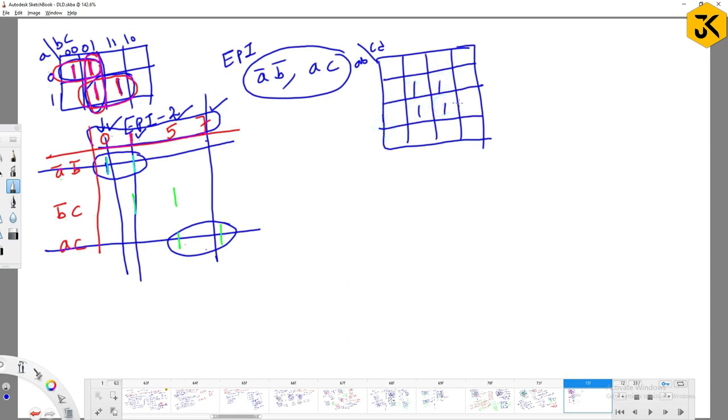All 4 ones. I think this one, and this one, right? Basically, how many prime implicants are there? 5 prime implicants are there, right? All those five implicants you can write, right? So what are those five prime implicants? I think this is 0001 1110 0001 1110. What is this one's reference?